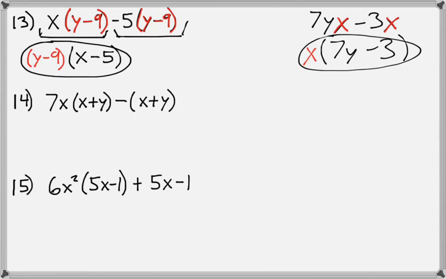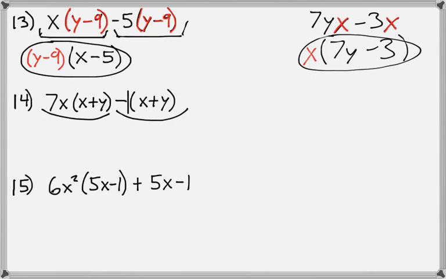So for 14, these are my two terms. And you'll notice that they both have an x plus y that's common to them. One thing that I'm going to put in here that's going to help is there's an implied 1 here. So again, these are my two terms, and what is common to these two terms?